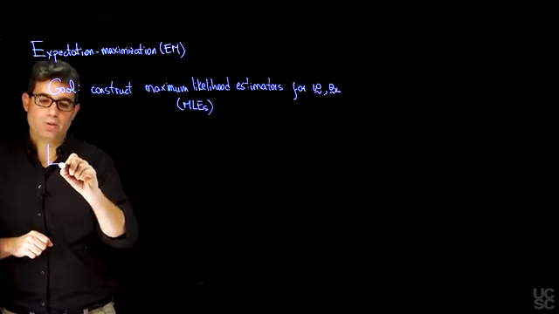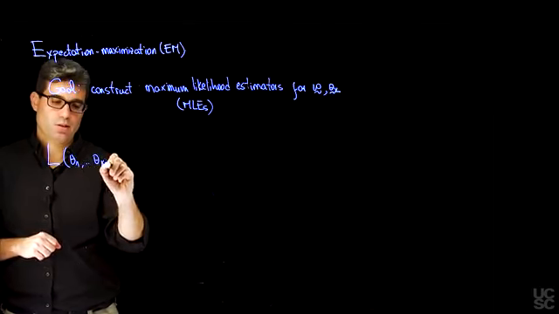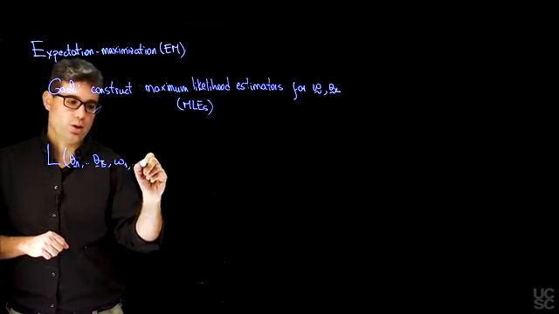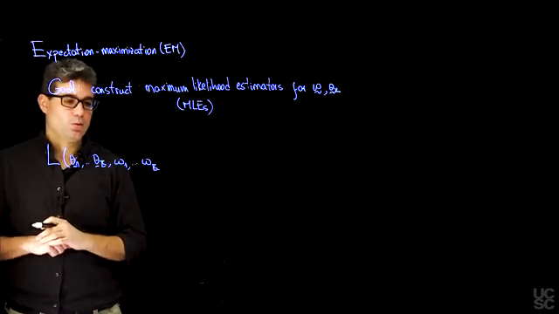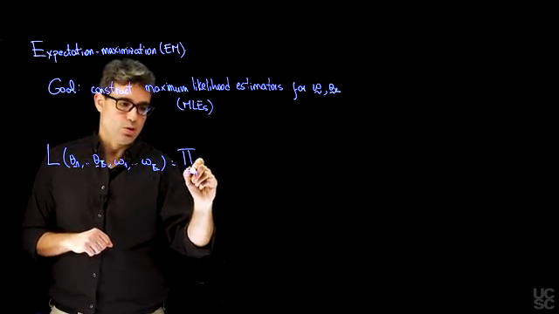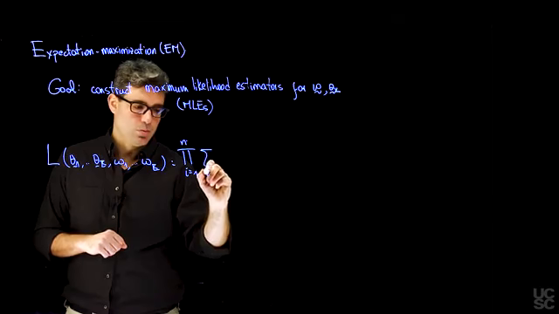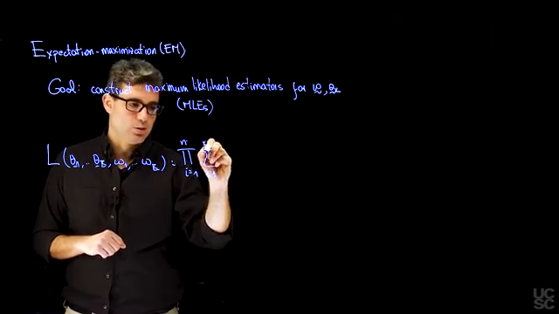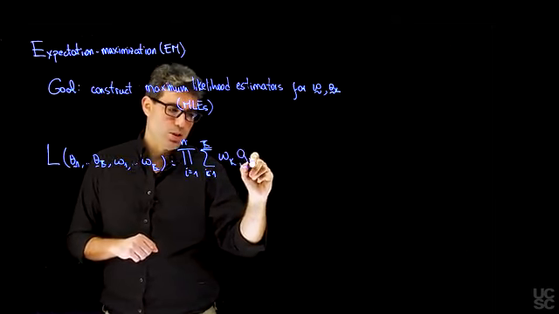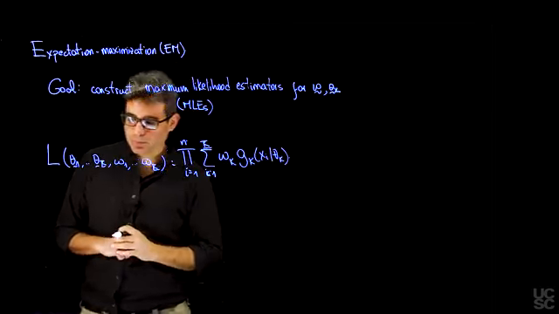So remember that we define the likelihood function for theta 1 up to theta capital K and omega 1 all the way up to omega sub k as the product over the observations of the sum over the components of omega sub k g sub k of x sub i given theta sub k.